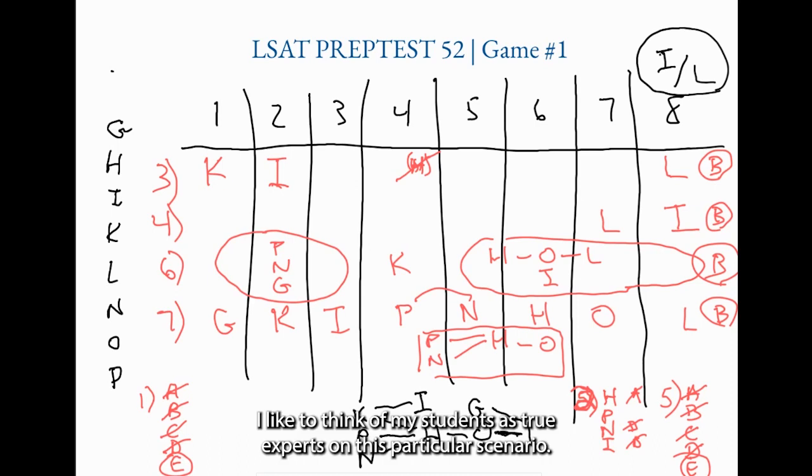I like to think of my students as true experts on this particular scenario by the time they get through all the questions. Because not only have they thought about the relationships, but they've played out several very specific examples. So they're very much the masters of the possibilities for each of these 8 players.